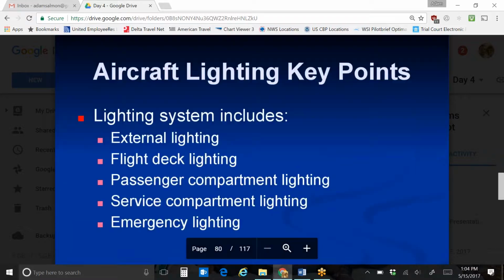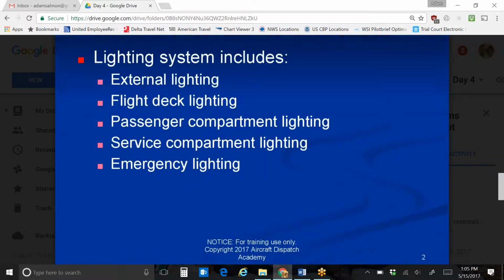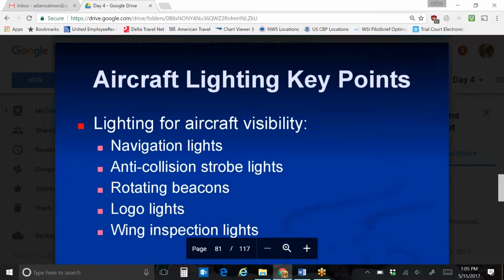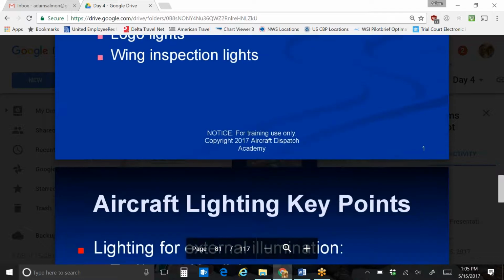Aircraft lighting. This isn't too terribly important for you to be able to go through and remember. It talks about the different lights that are on the aircraft.